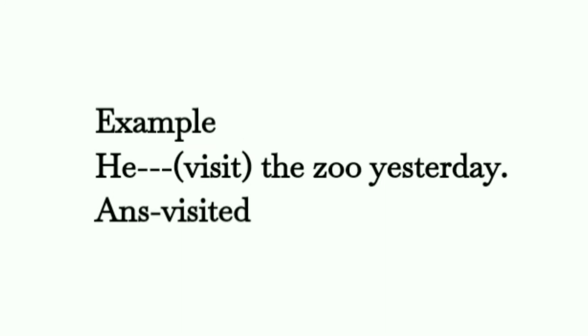Here we can see the word yesterday, and so we can understand that it is past indefinite tense. The answer will be visited. He visited the zoo yesterday. Dear students, hope that you have understood the rule.